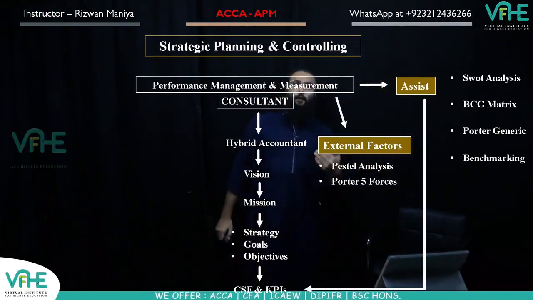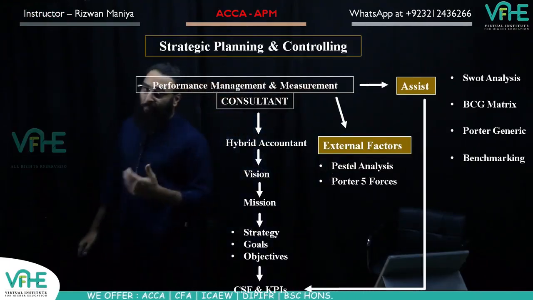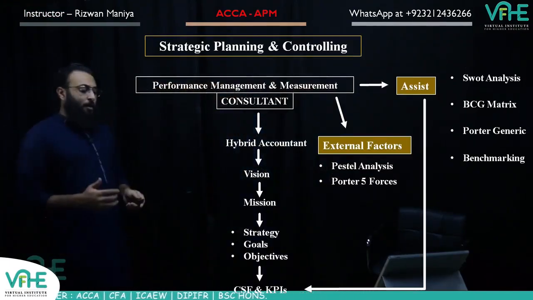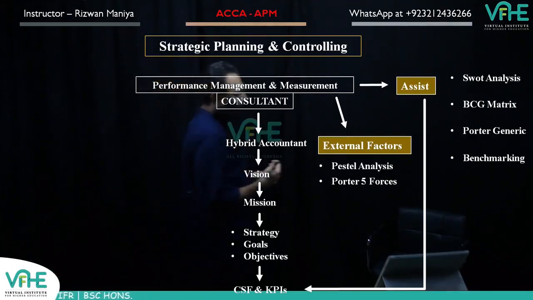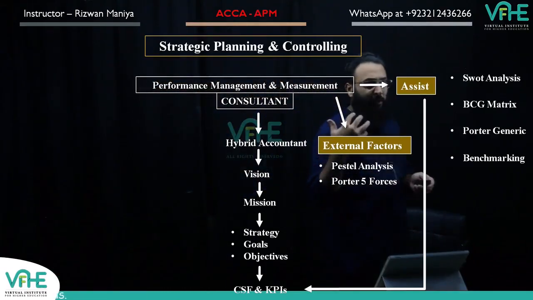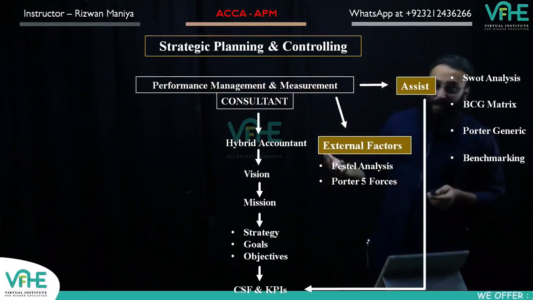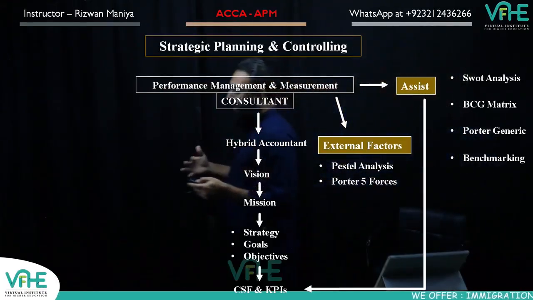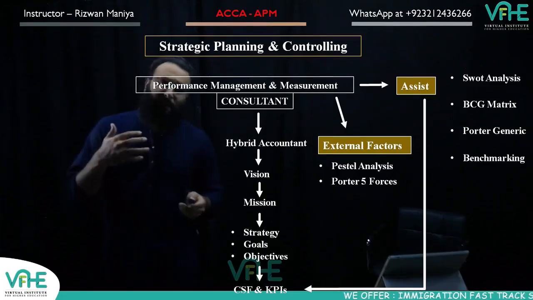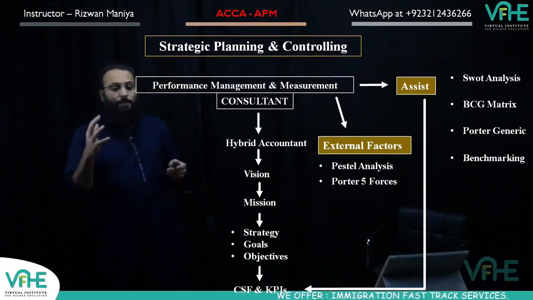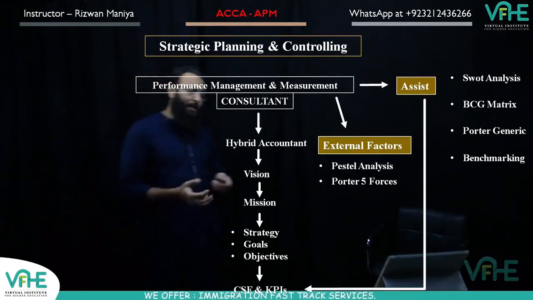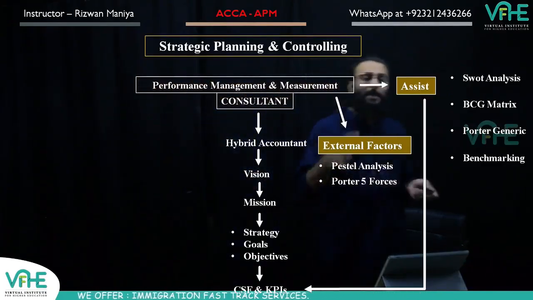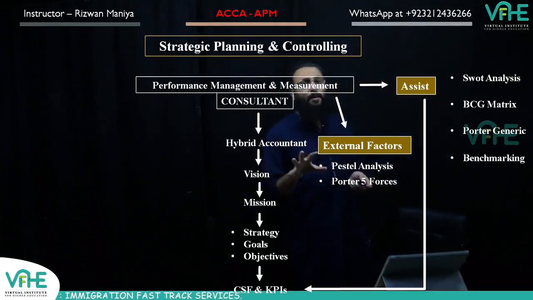Porter's 5 forces, which includes number 1, the power of substitutes, the power of new entrants, then the power of suppliers, customers, and the competition within the industry, which means these are the 5 forces that affect the business.